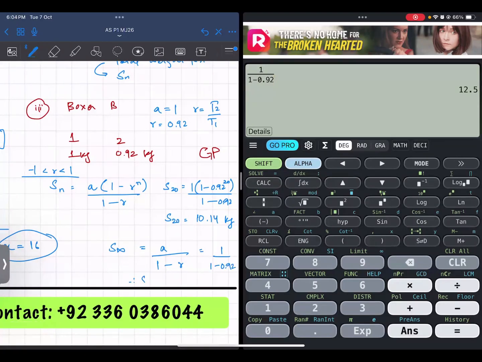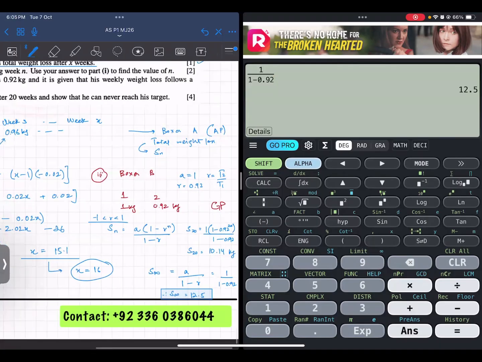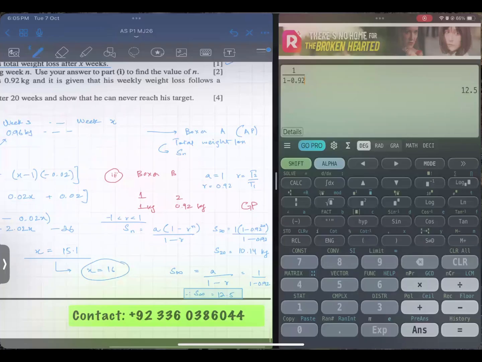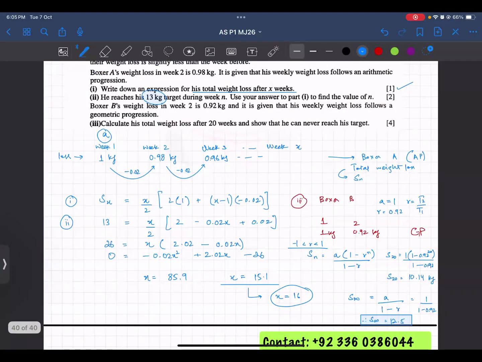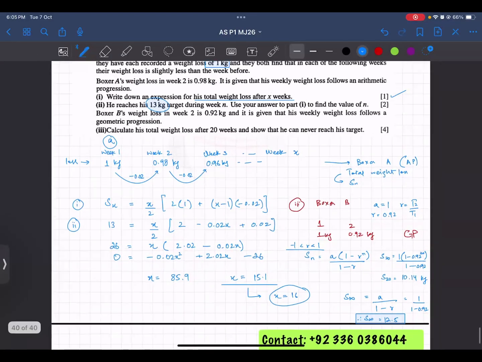This means that your sum to infinity is 12.5, he will never be able to reach the target of 13. He can never reach 13 kg loss. After an infinite number of weeks, the total loss he can achieve is 12.5 kilograms, not 13. So he can never reach his target, isn't it? Understood? Okay.